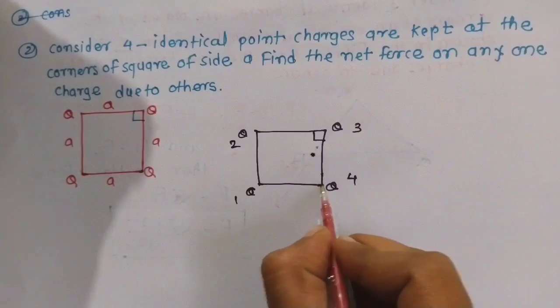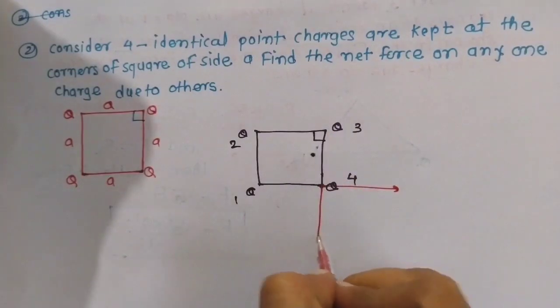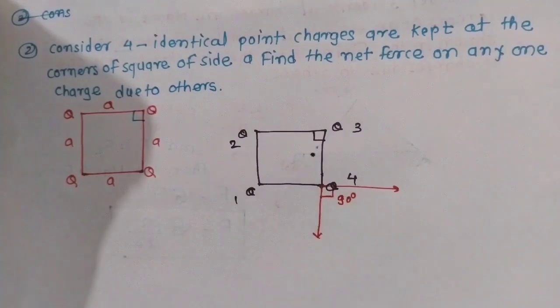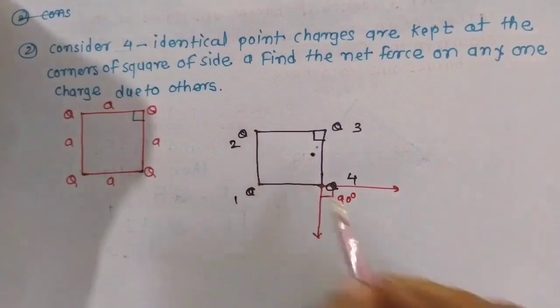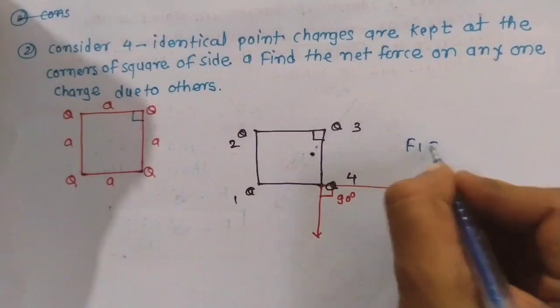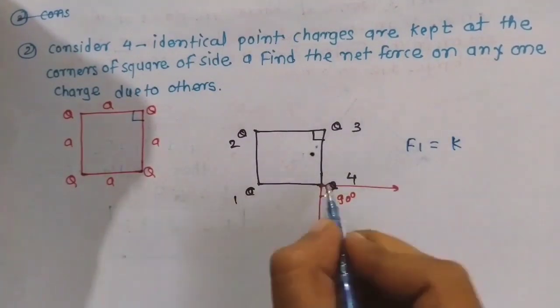Because of these two charges Q and Q, both have the same polarity, so they repel and the direction is away, and the angle between them becomes 90 degrees.